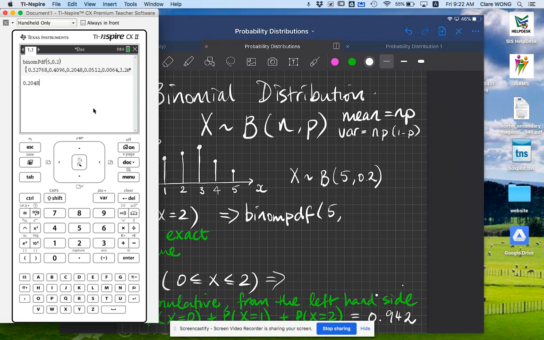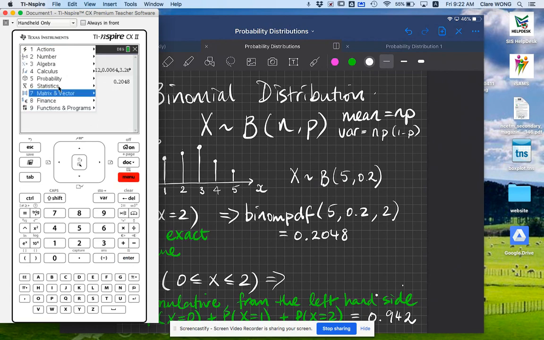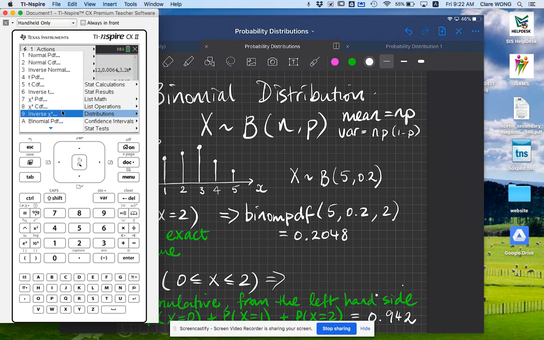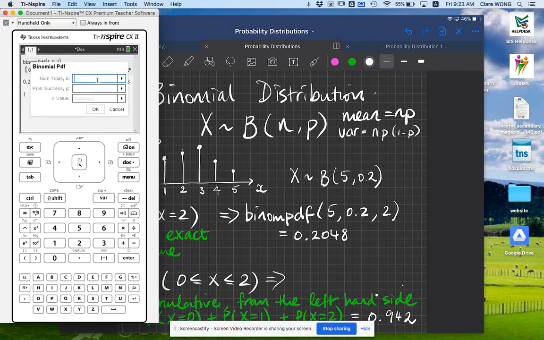We enter 5, 0.2, and then it is exactly 2, equal to 0.2048. This should be what it shows on your GDC app.